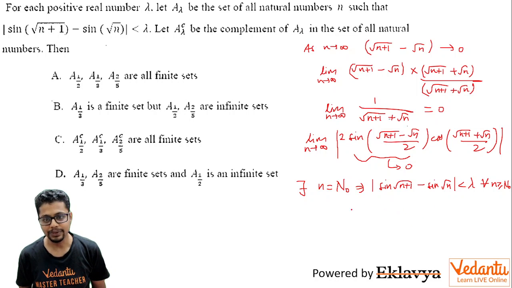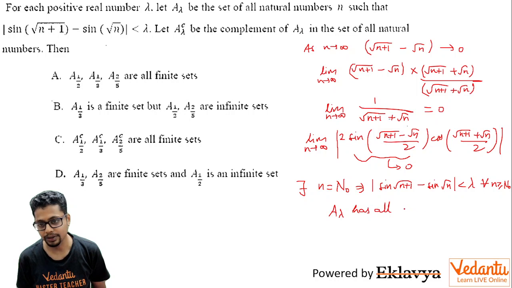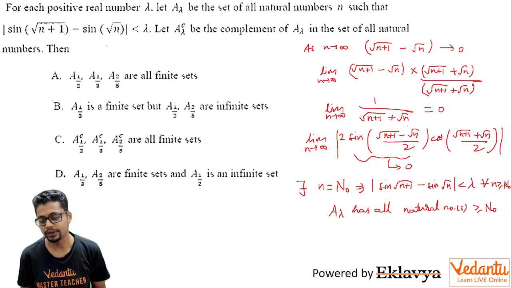So A lambda would have all natural numbers greater than or equal to this n naught. And why are we saying so? We have already justified that as you increase n, this left hand side expression is decreasing, and as n tends to infinity, it even tends to 0.